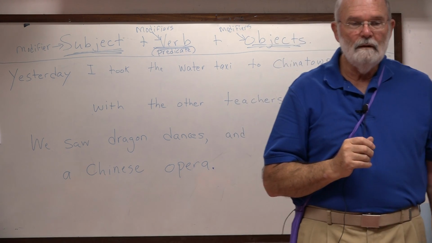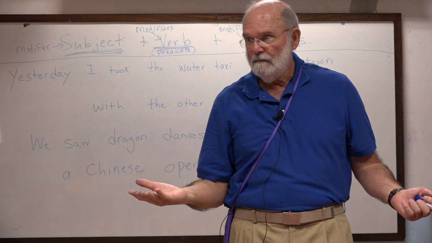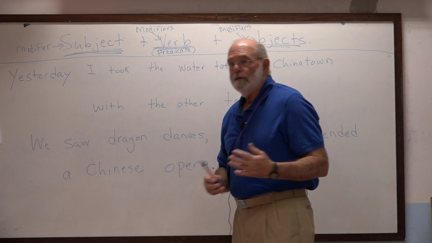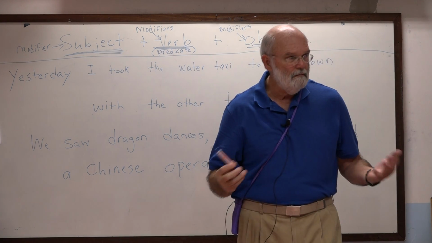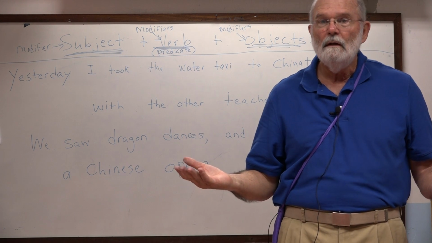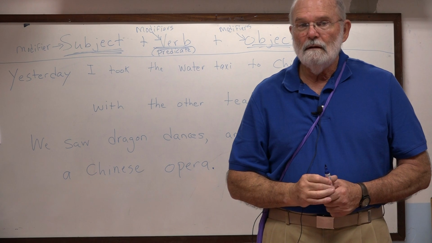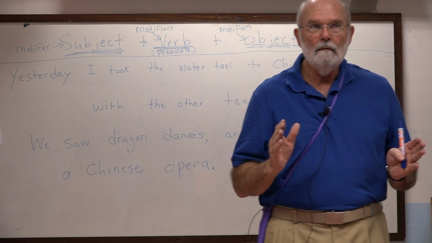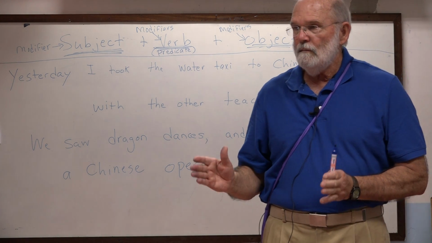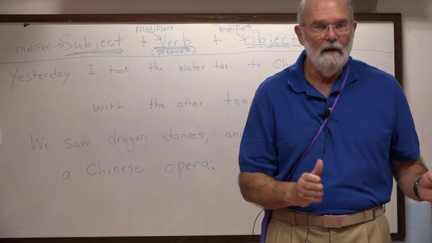Now, when we speak or when we write, we need to make sure we get the order correct in order for the sentence to make sense. And it's just for you to sound like you're fluent in English. And when we're first learning a language, one of the most common mistakes is we get the word order incorrect.